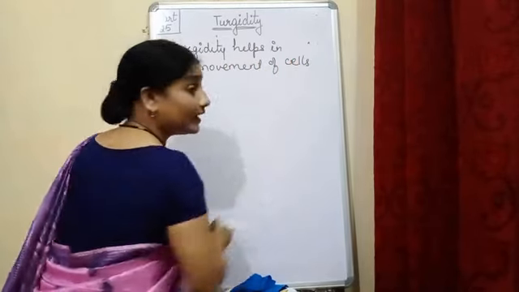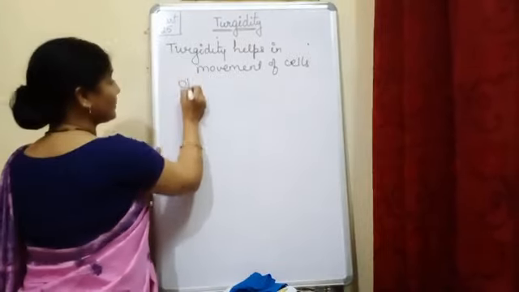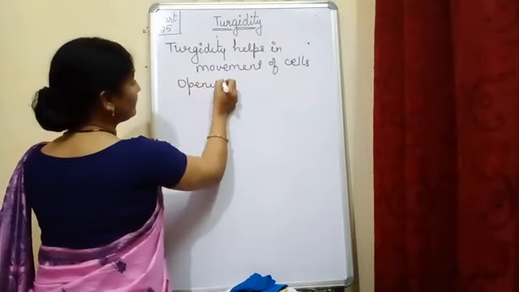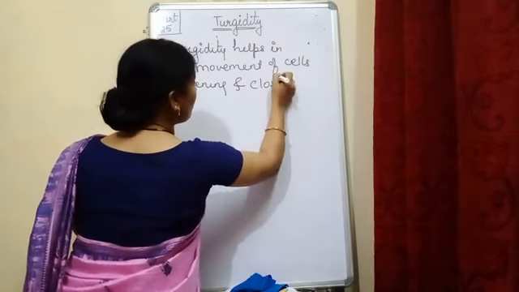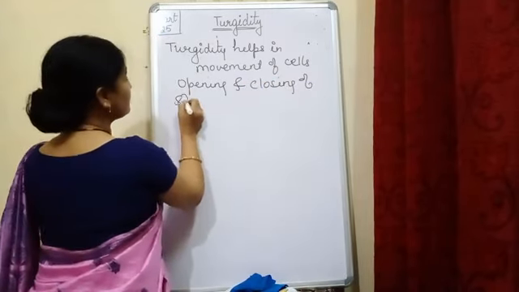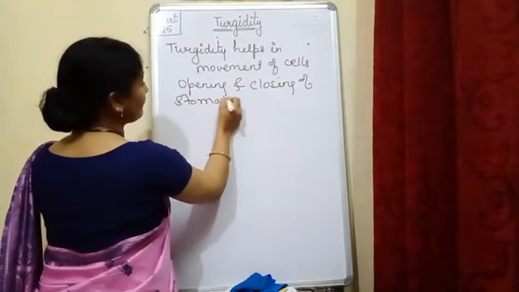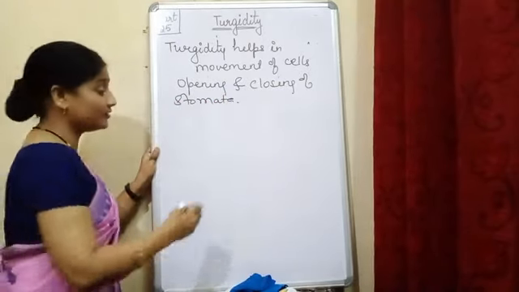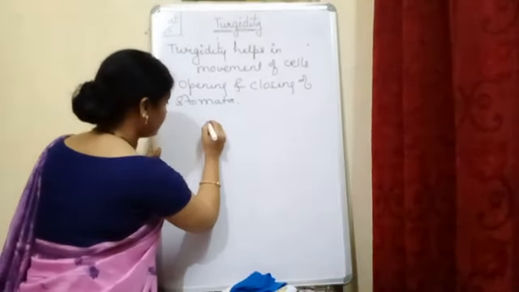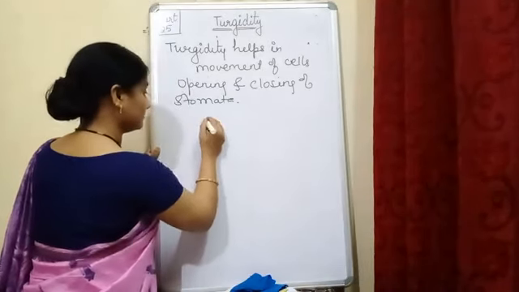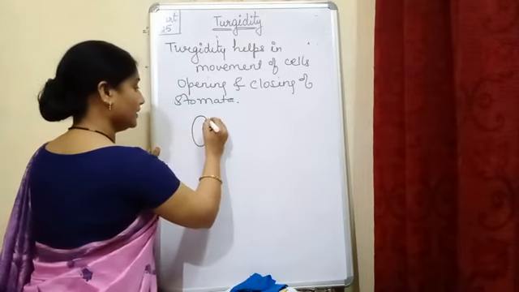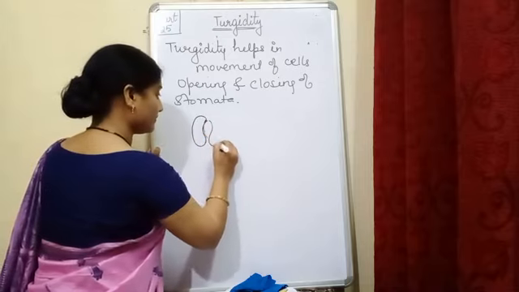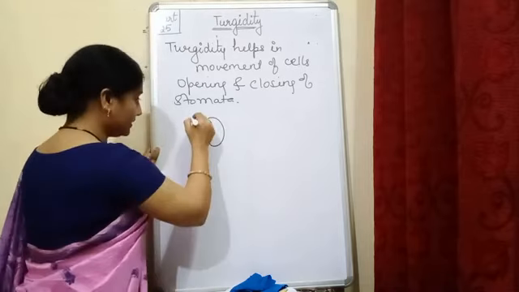That is, it helps in opening and closing of stomata. Okay, we all know the structure of the stomata is something like this. Clear? We can draw it like this.